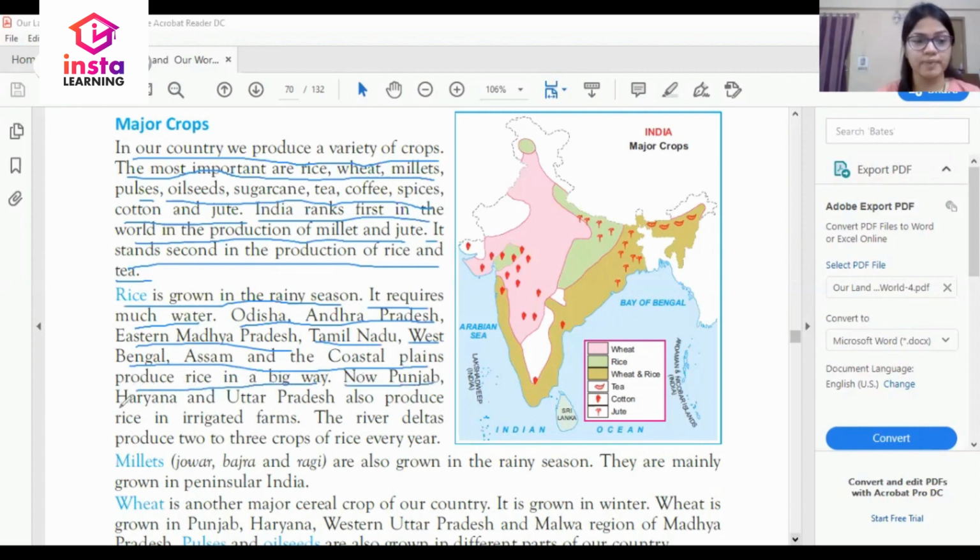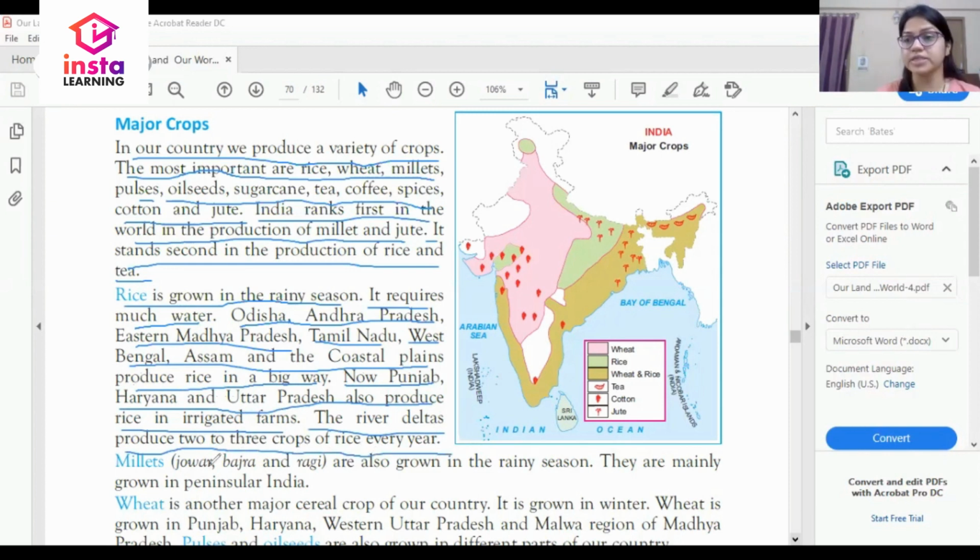Now, Punjab, Haryana and Uttar Pradesh also produce rice in irrigated farms. The river deltas produce 2 to 3 crops of rice every year.